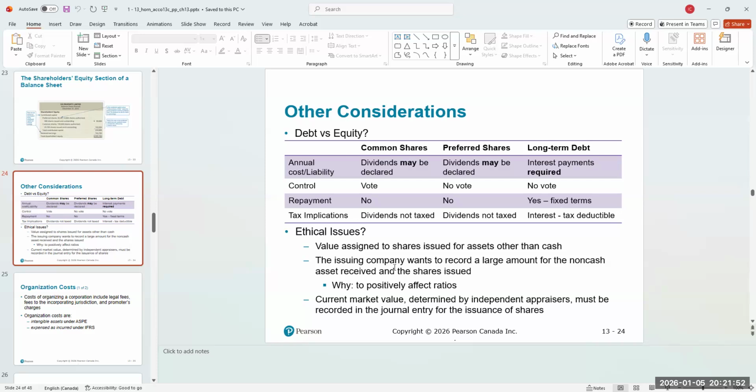So now the ethical issue is how are we going to assign the value for the shares, which we issue to the asset? Because I, as a shareholder, open my company, I can buy a laptop for $1,000, magically come up with the market value of that laptop, $100,000, and invest it in my corporation.